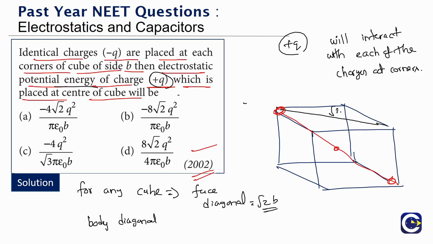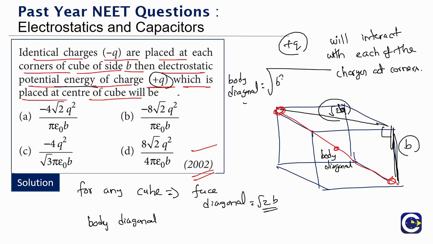The face diagonal value will be root 2 times B, as we are taking the edge length as B. This is B. You see, this is the right angle triangle, and this is our body diagonal. So the face diagonal root 2B and edge B are like the adjacent side and the height. Hypotenuse is the body diagonal. So the body diagonal will be equal to the root of B square plus root 2B the square. That will be totally root 3B. That is the body diagonal.